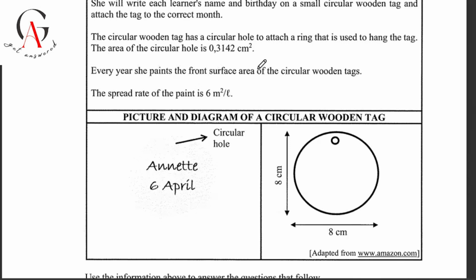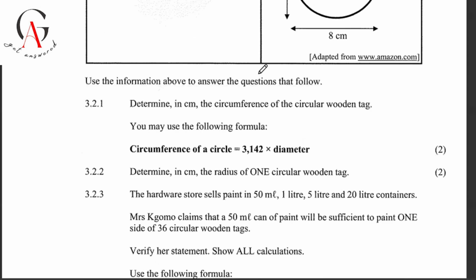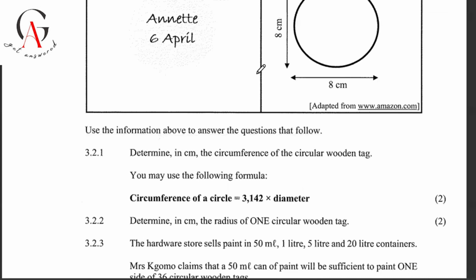Every year she paints the front surface area of the circular wooden tag. The spread rate that she uses is 6 meters squared per liter. So we are coming here, we are saying determine in centimeters the circumference of the circular wooden tag. Circumference equals pi d, which is 3,142 times the diameter.